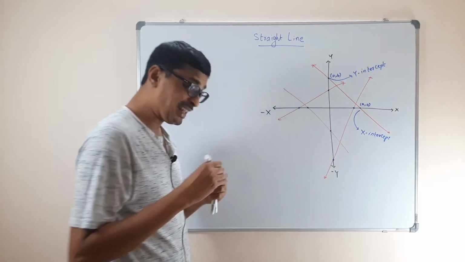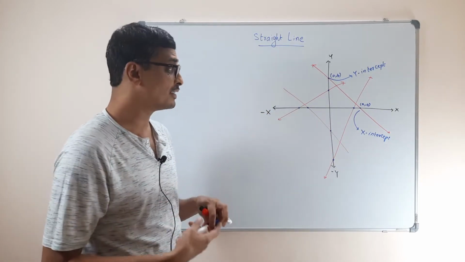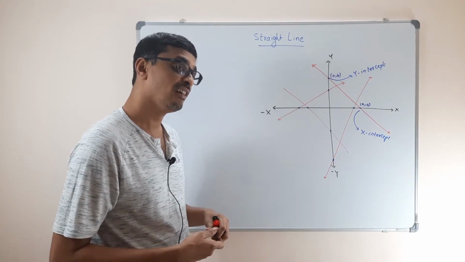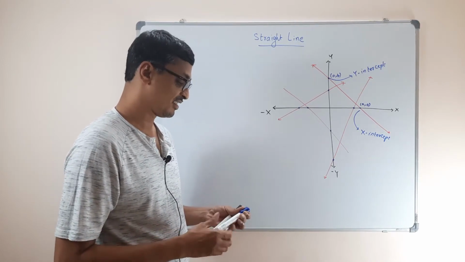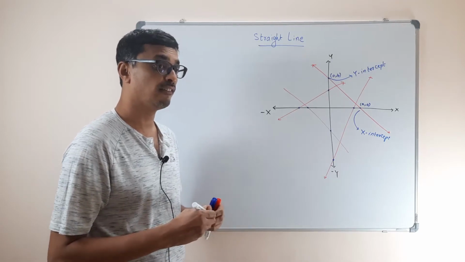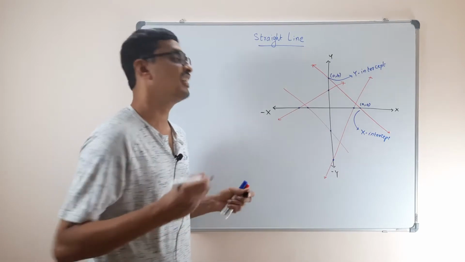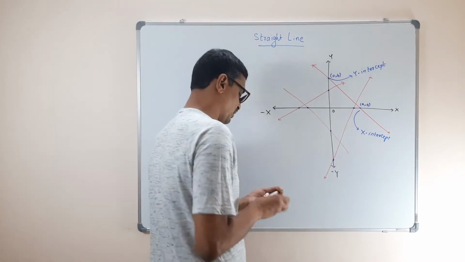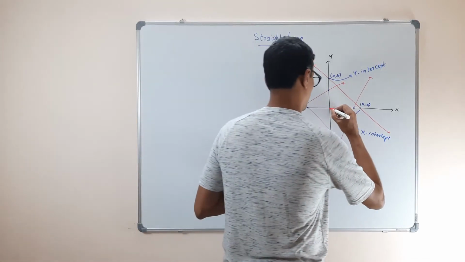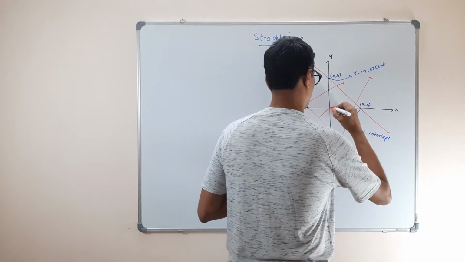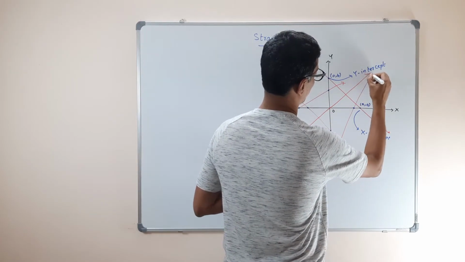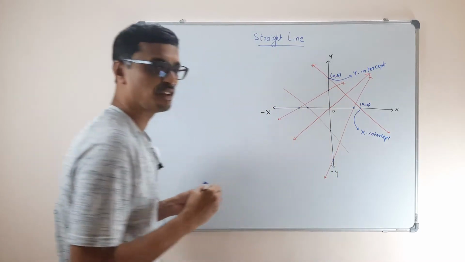Can the intercepts be 0? Yes, correct. If the line is passing through the origin, something like this, then the intercepts are 0.